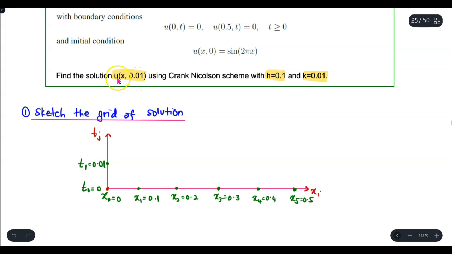If the question asked for the solution for u(x, 0.02), for example, then you would need one more level, t2 equals 0.02. But in this case, only one level. Next, we form the rectangle so that we know what our grid of solutions looks like.